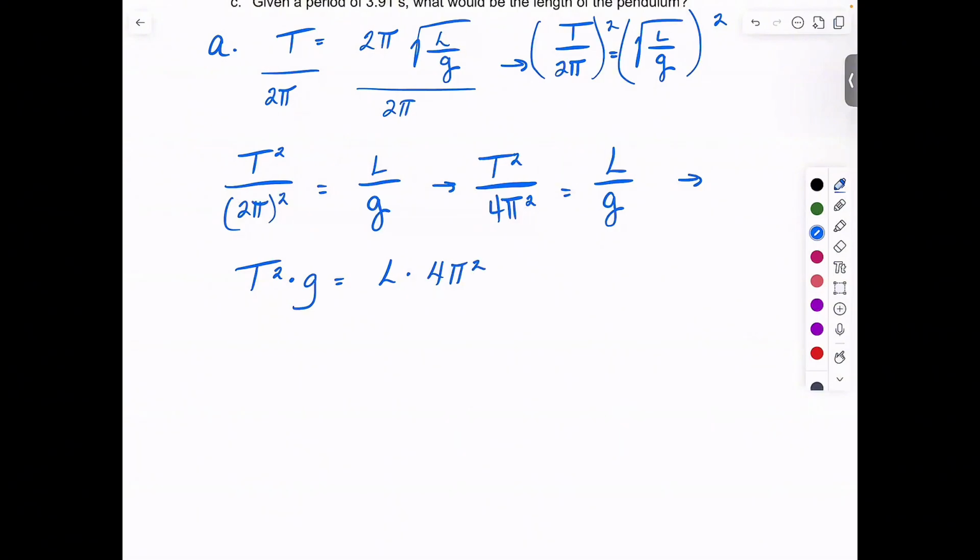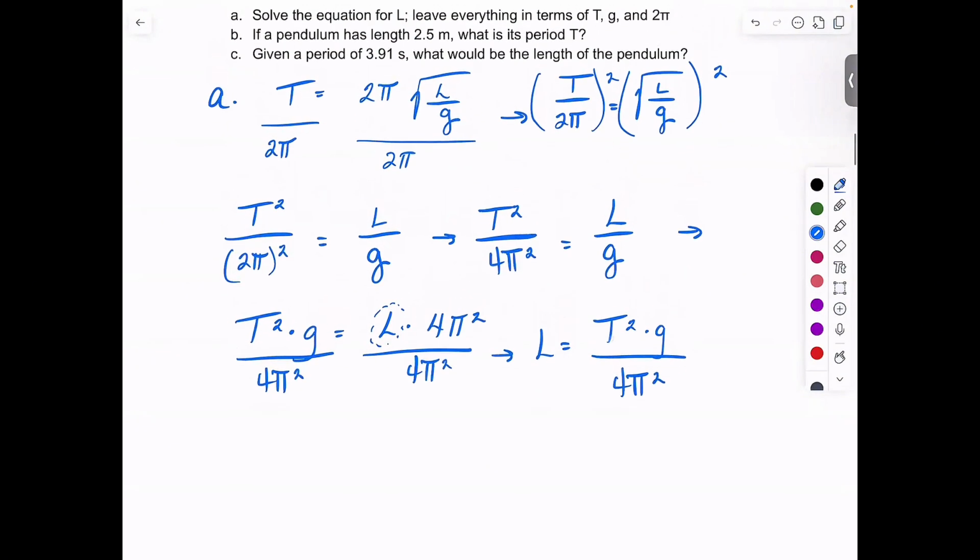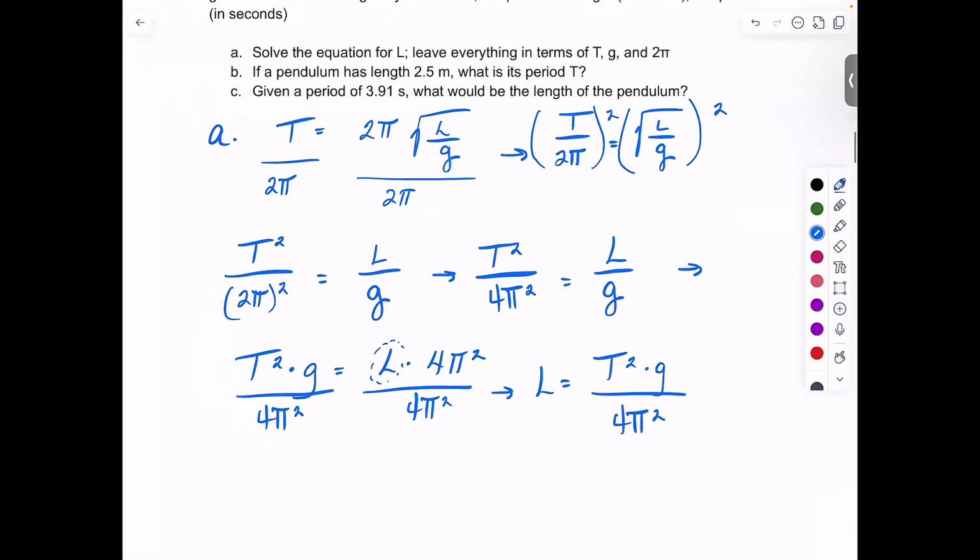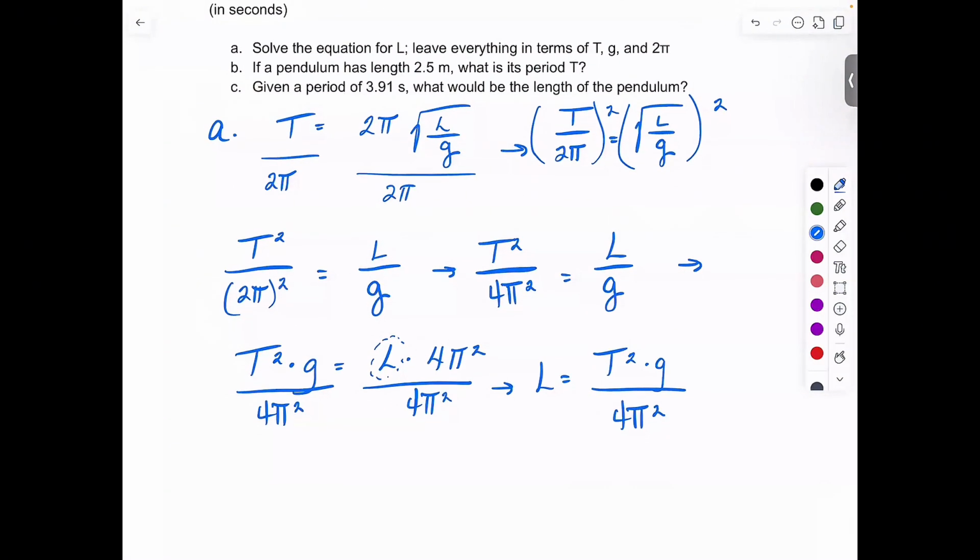Ultimately, to isolate that L, we're just going to divide both sides by 4 pi squared. There you have it. So we have L equals T squared times g over 4 pi squared. Excellent. So there's L in terms of T, g, and pi.